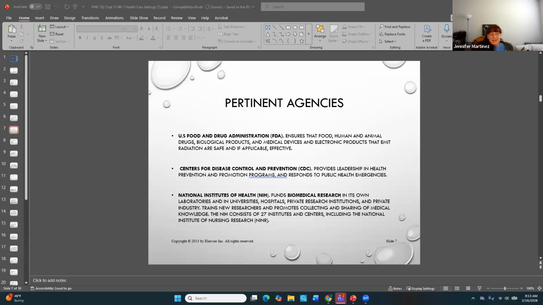The National Institutes of Health are the ones that fund biomedical research, in its own labs, as well as in universities, hospitals, private research institutions, and private industry. They train new researchers, they promote collecting and sharing of medical knowledge, and there are 27 institutes and centers, and that will include the National Institute of Nursing Research as well.